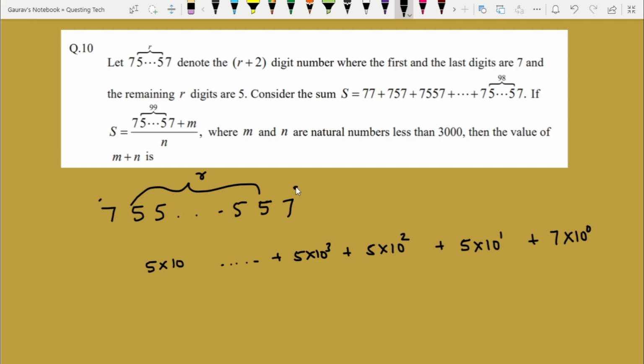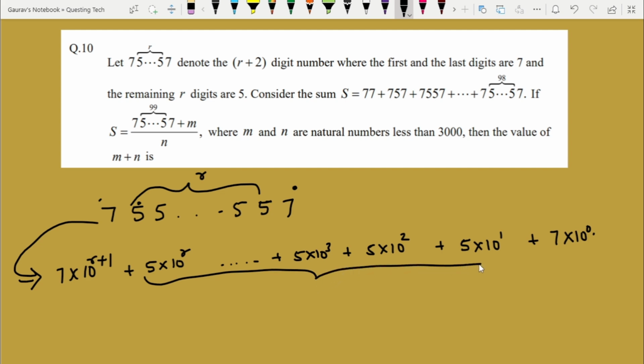For the first number we take 10 raised to power 0, for the second number 10 raised to power 1. So for the (r plus 1)th number we take 10 raised to power r, and 7 multiplied by 10 raised to power r plus 1 for the (r plus 2)th number. So this number can be represented in this way, and we see that this is a GP, a geometric progression.